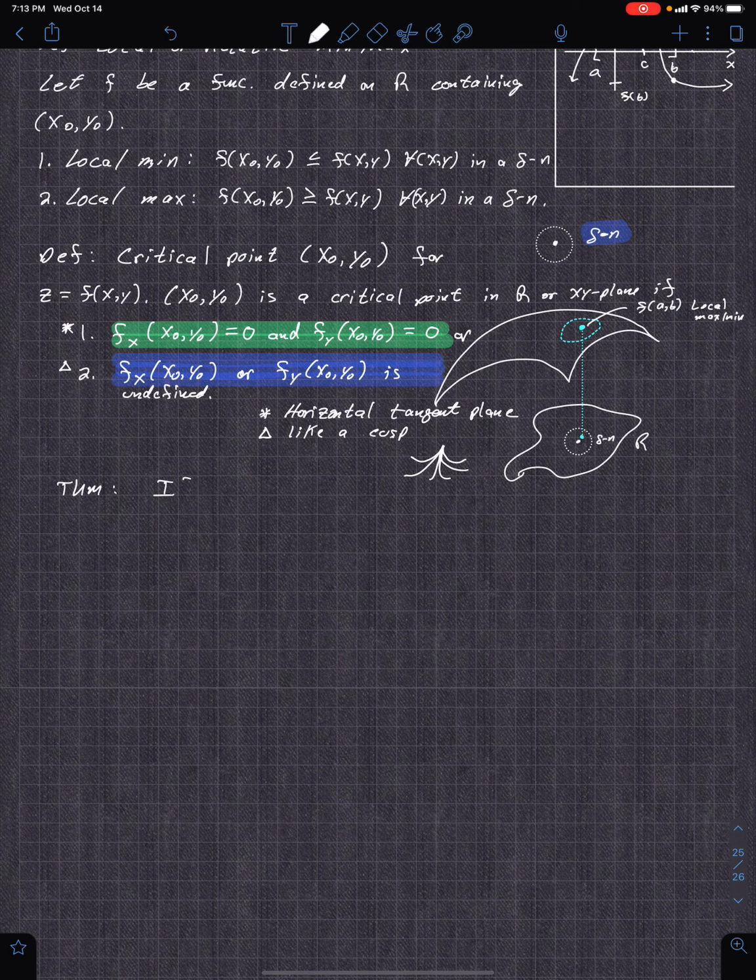So this is an if-then. If x naught, y naught is a relative extreme point, then it is a critical point.